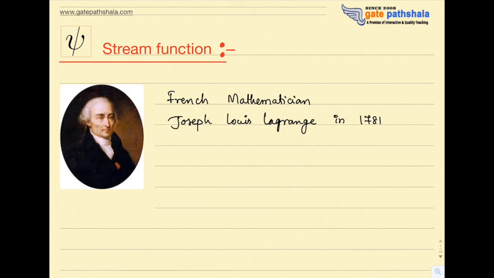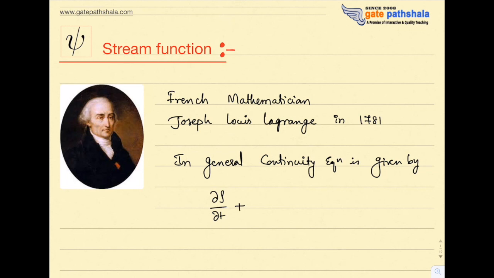So in general, continuity equation is given by dou rho by dou t plus del dot of rho v bar equals to 0.